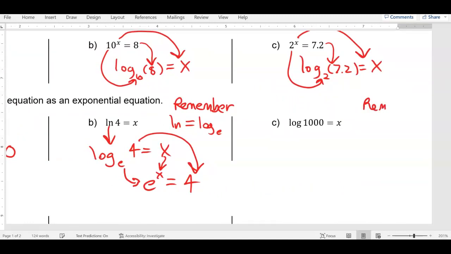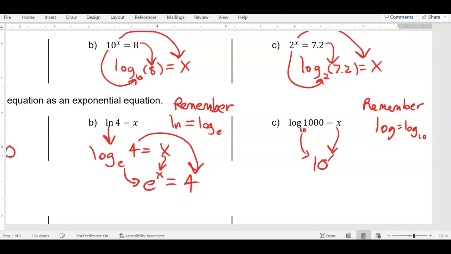Now remember, if it's just a log, that means log base 10. So this really means log base 10. Cool. So the little base is the base.